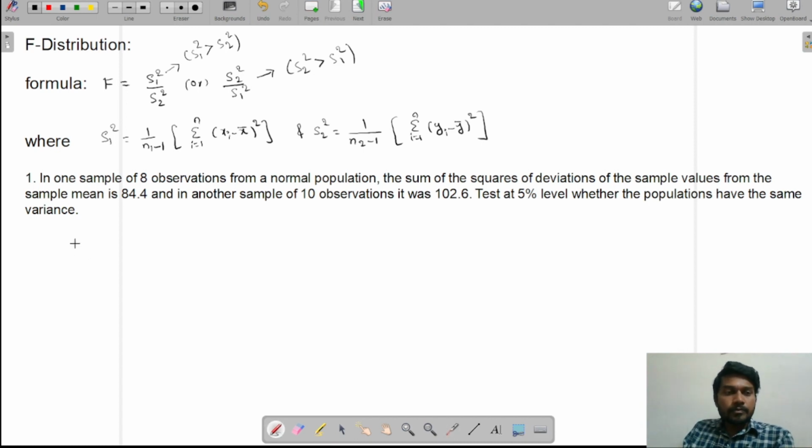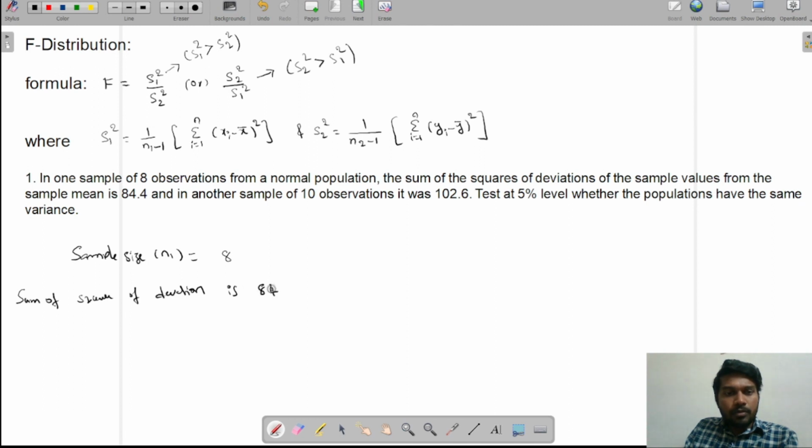Right, so let's write the given values from the question. Given: sample size n1 equal to 8. Also given in the question, the sum of the square of the deviation is 84.4.